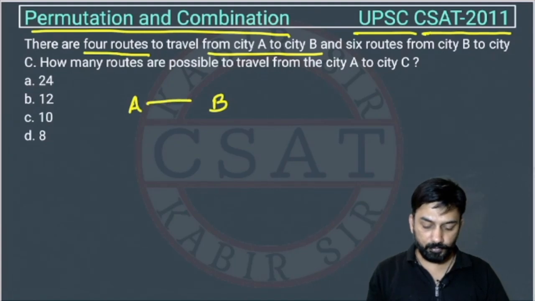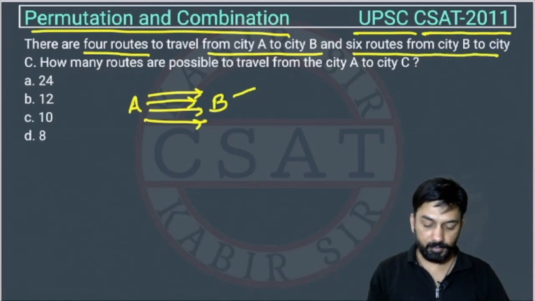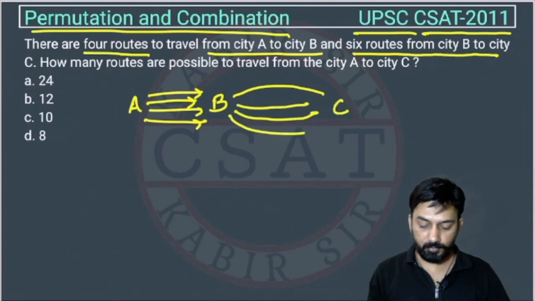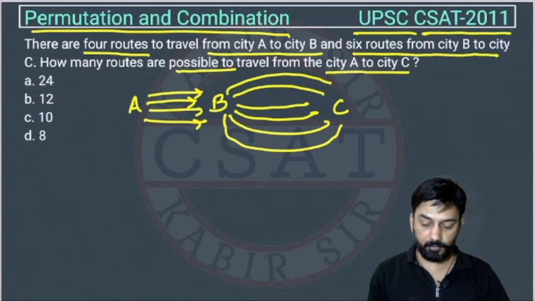So there are 4 routes. Suppose these are the routes to go from A to B, and there are 6 routes from city B to city C. Then from city B to city C, how many routes are there? 6 routes. In this way, how many routes are possible to travel from city A to city C?